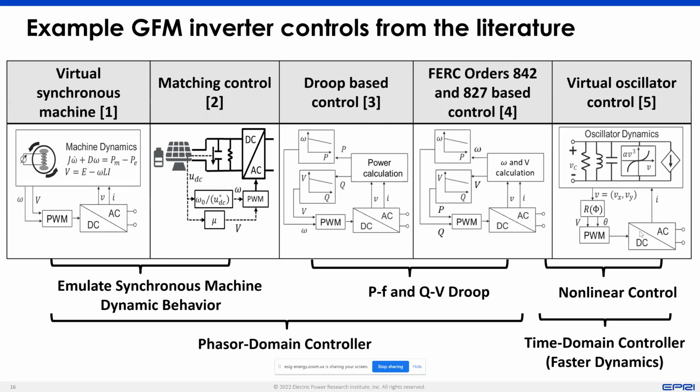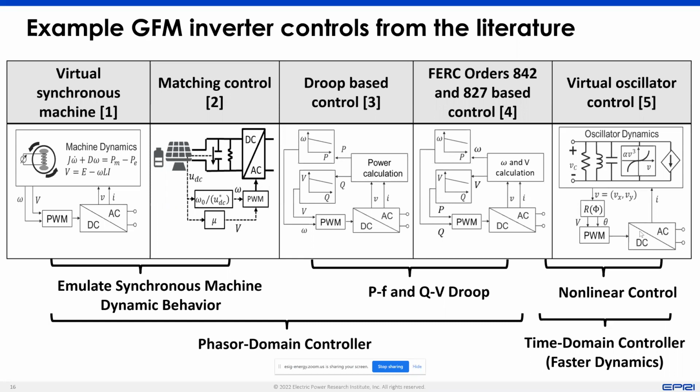Now, if you look at the first four types of different control mechanisms, they're all phasor domain controllers, which means they look at phasor quantities. So they measure the P and Q from the grid. They look at voltage and frequency, which are in the phasor domain.